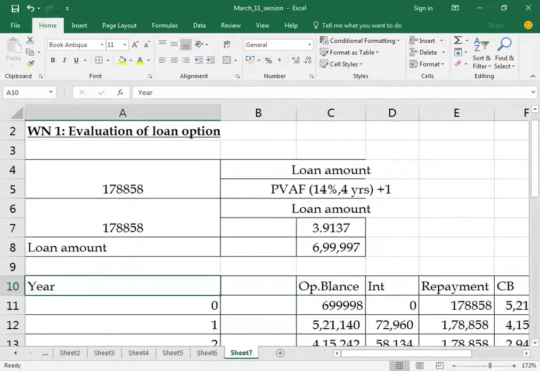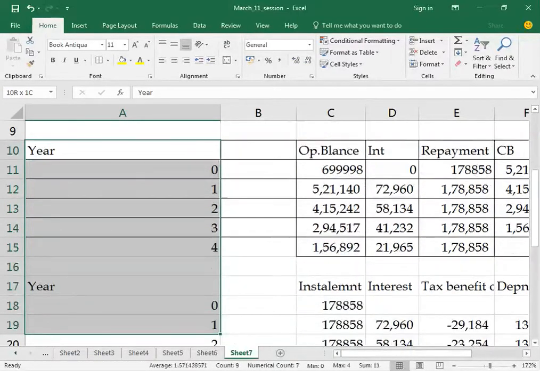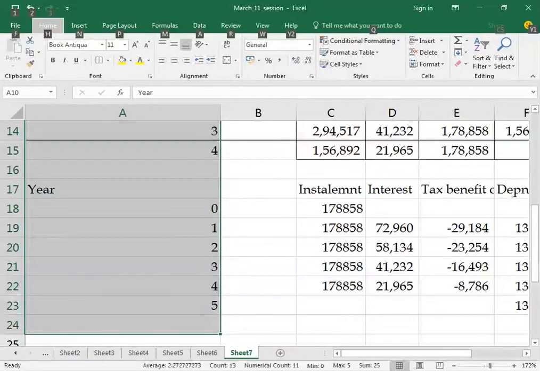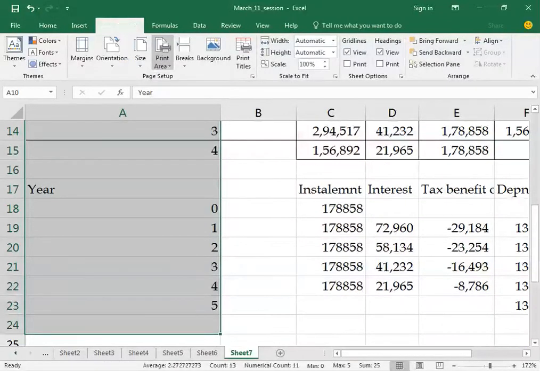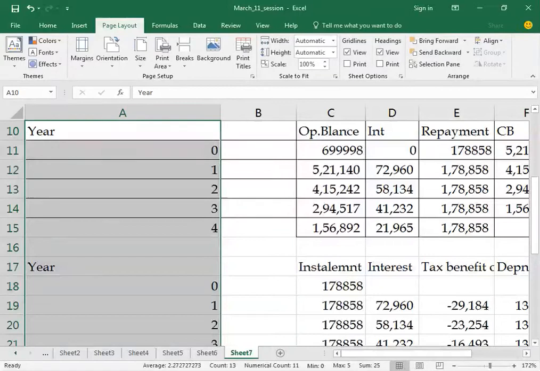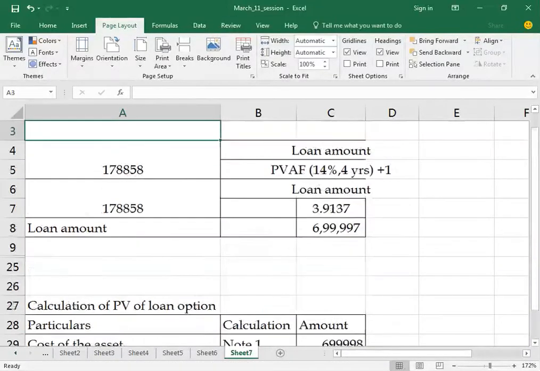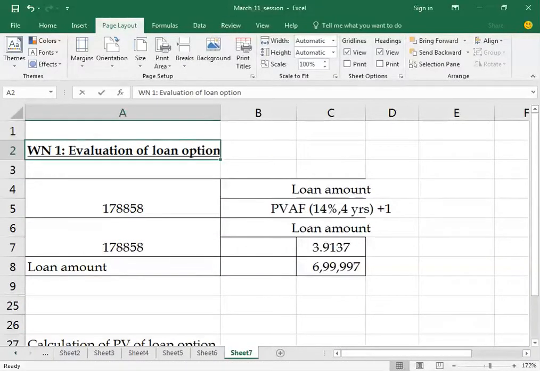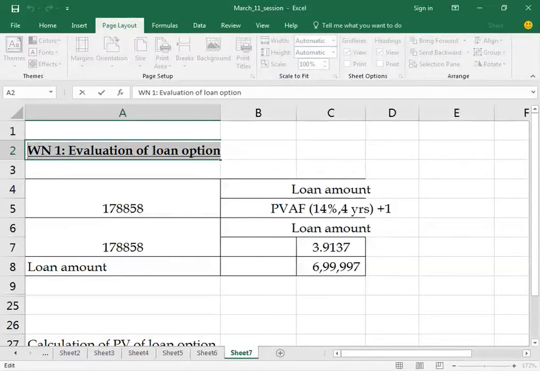The amortization and all is not required. Do this working note, note 1. Calculation of asset amount.